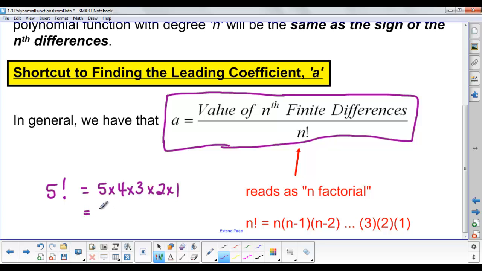So 5 factorial is equal to 120. Let's say I had 3 factorial. I start with 3 and multiply by each number below until I get to 1, so 3 factorial is equal to 6. That's how you work factorials.